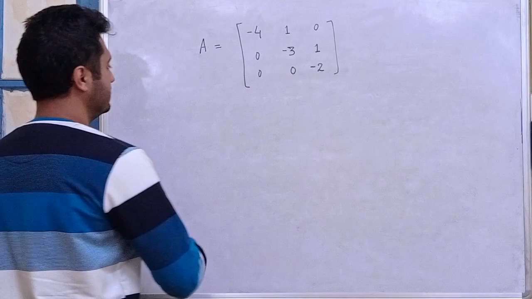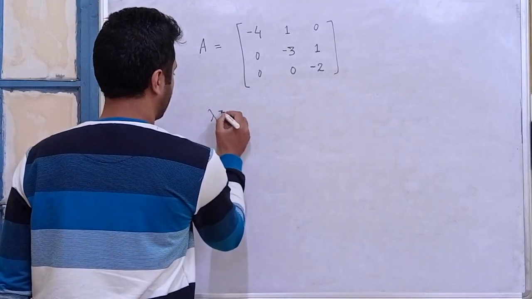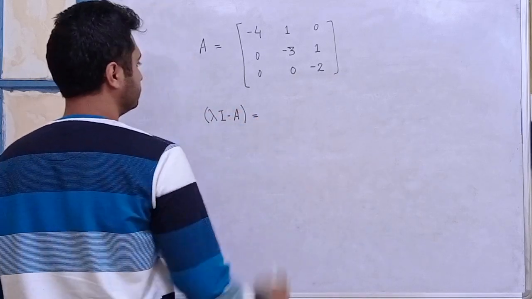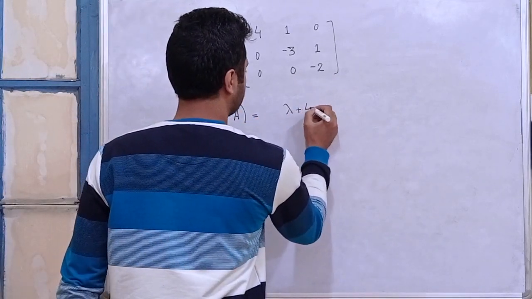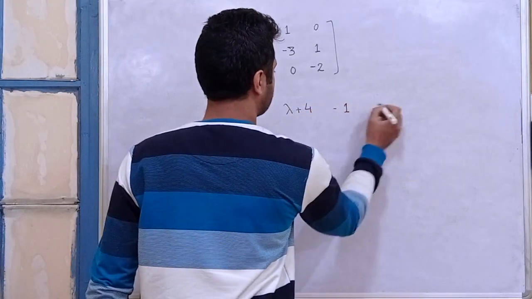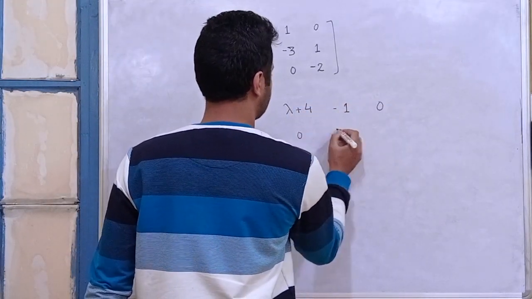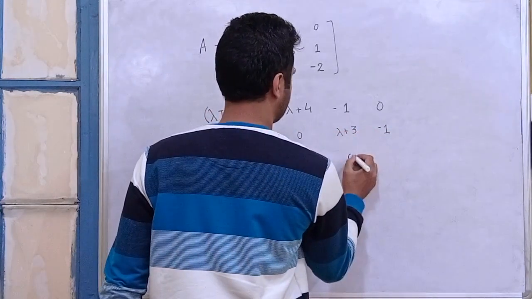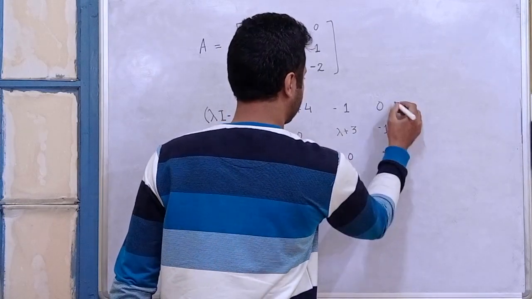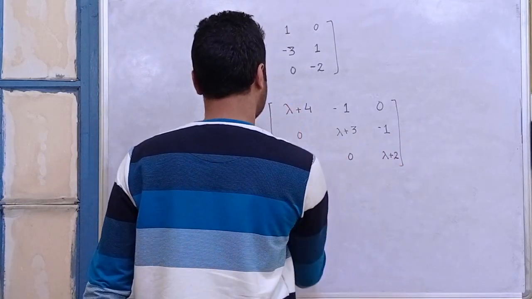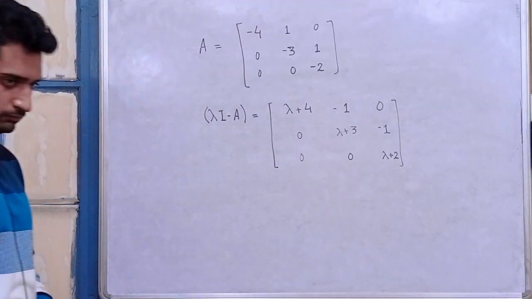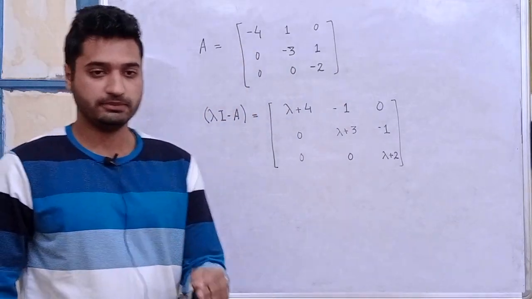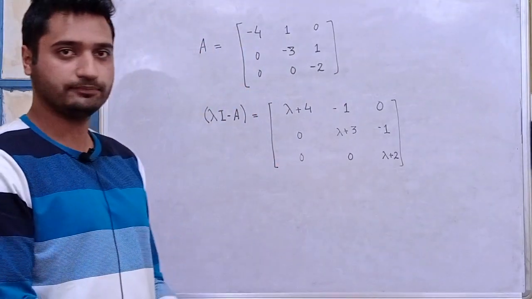You have to solve for lambda I minus A. So this will be the lambda I minus A matrix.